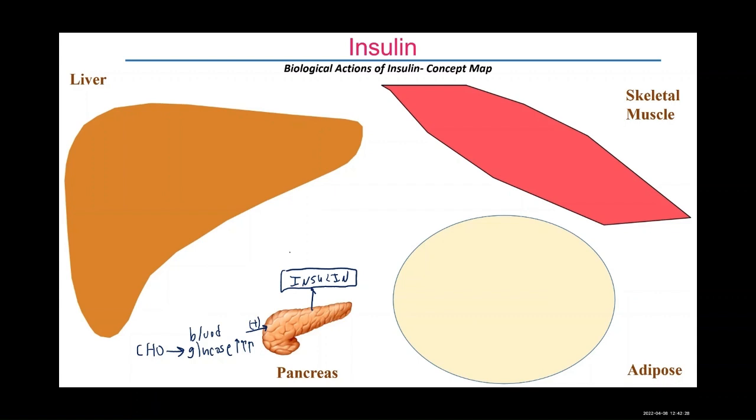And of course, it's a hormone, it's a protein, so it's going to send a message to all these different tissues. Now for glucose uptake, remember there's only two primary tissues that require insulin for glucose uptake, and that's the skeletal muscle and the adipose tissue, right?